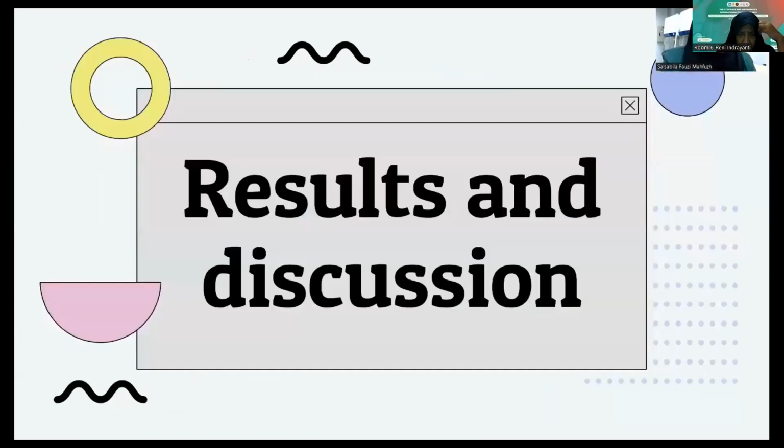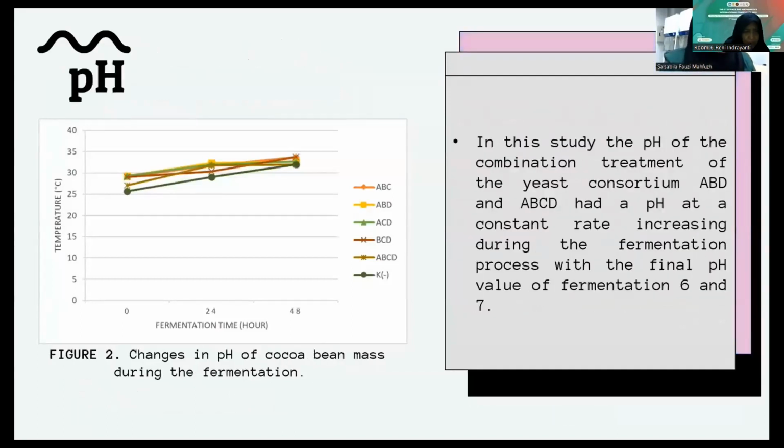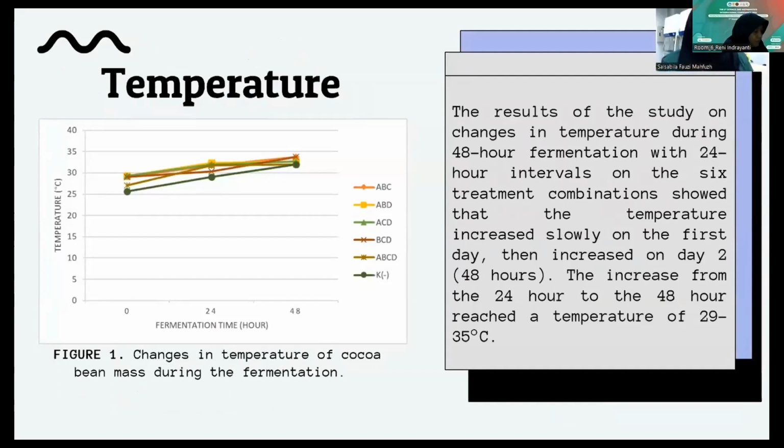These are the results and discussions. First one is the temperature. Temperature and pH are important factors for evaluating the progress of fermentation. Temperature itself is an indicator of the success of the fermentation process, and naturally, the fermentation process is initially characterized by slowly increasing temperature, then in the middle a drastic increase, and becomes static towards the end of fermentation.